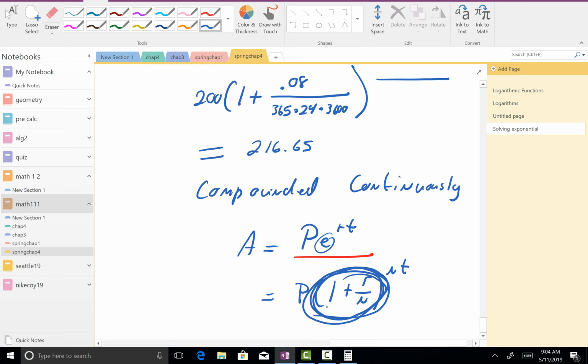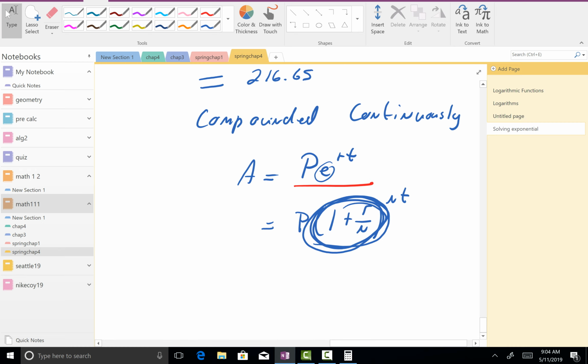As the number of times, as this number becomes larger, this is getting pretty close to e, to the n power anyway. I should include that. So we call that PERT.